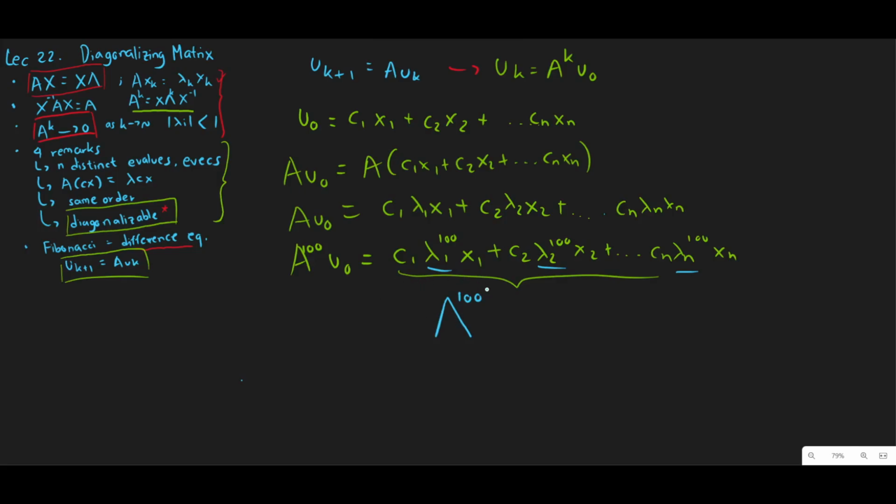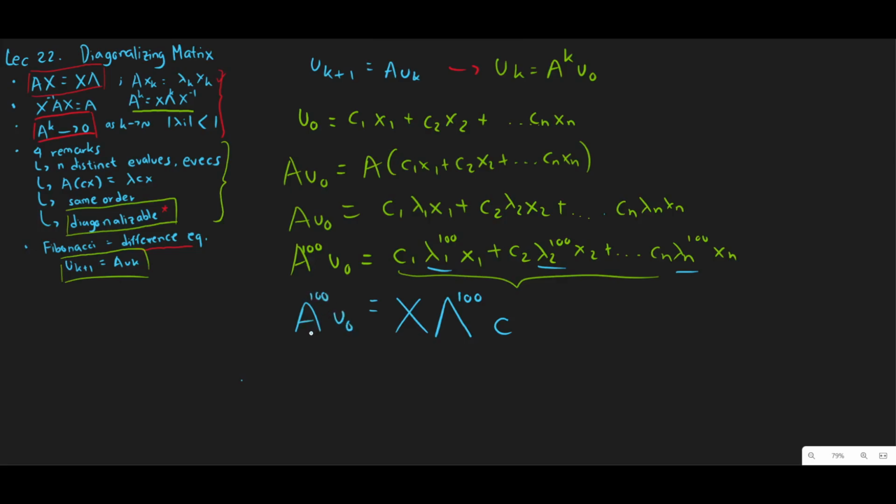We can put the eigenvector matrix X on the left of it, because each lambda will be multiplied like the coefficient of each eigenvector. Remember what I did in the previous part. And then I will have a vector c here, c1 to cn in a column, which acts as the coefficients. So this will be my term for u100 from u0.